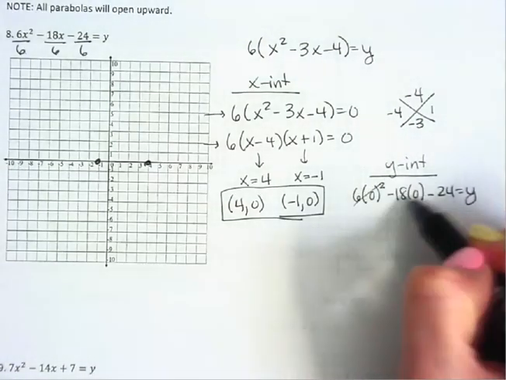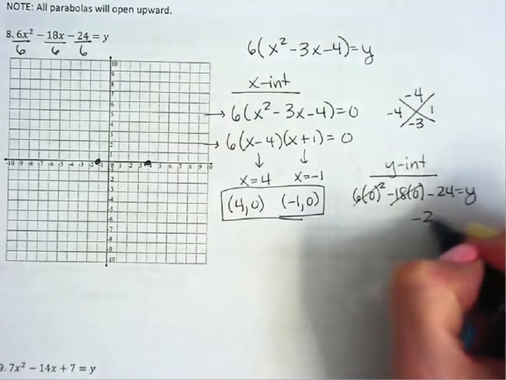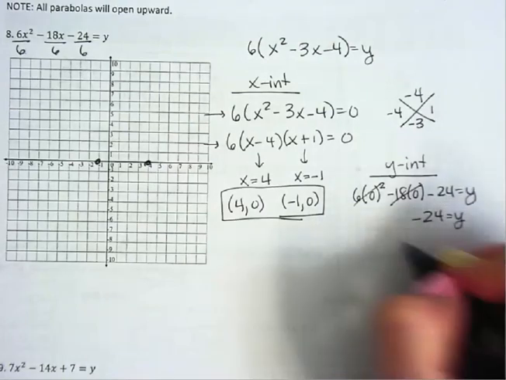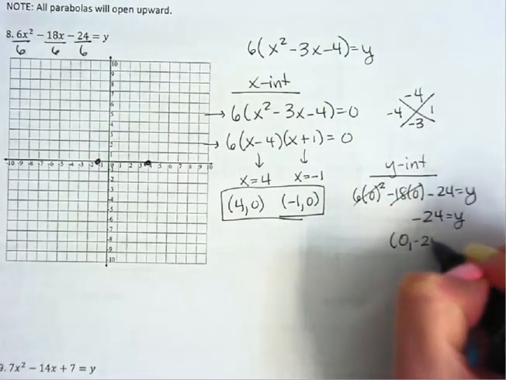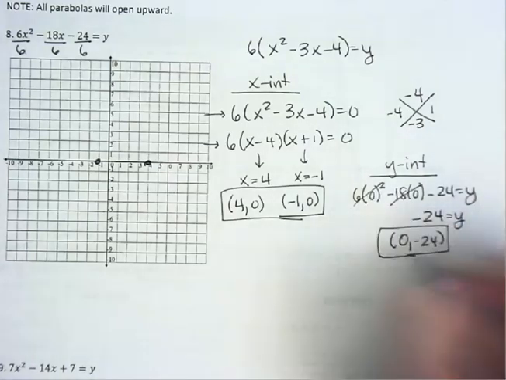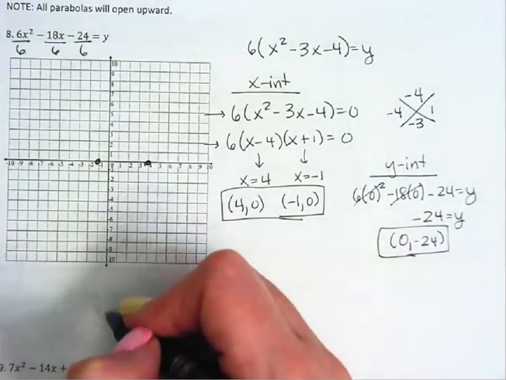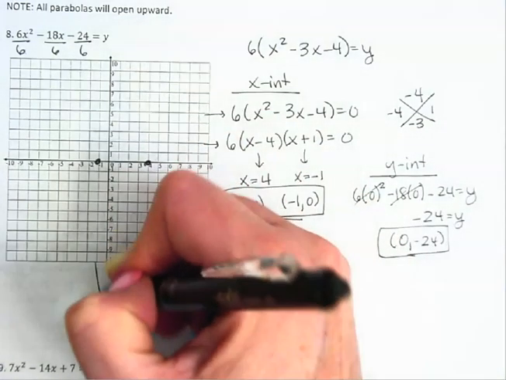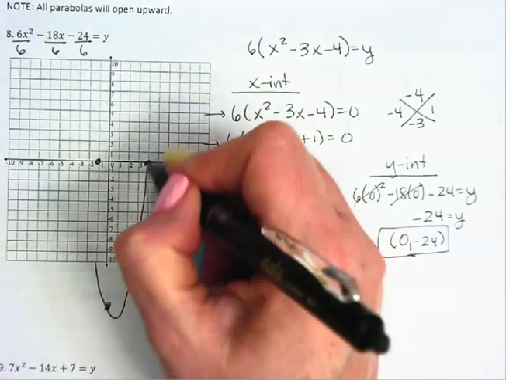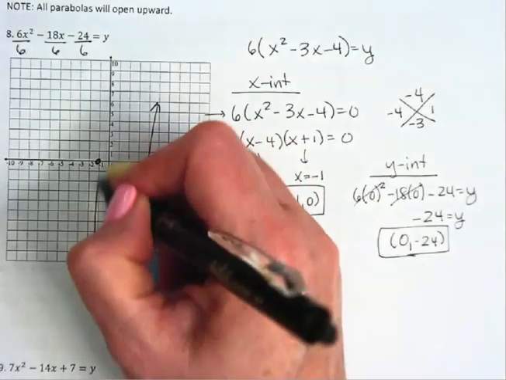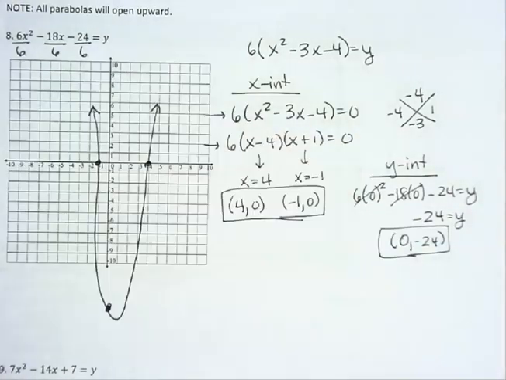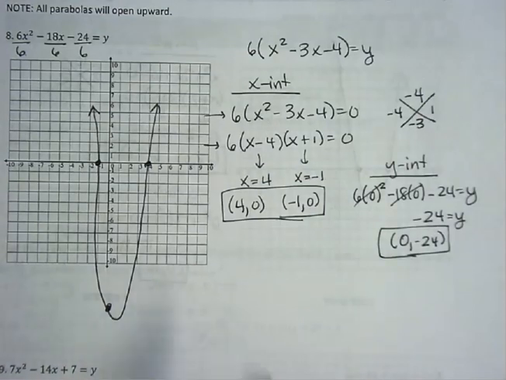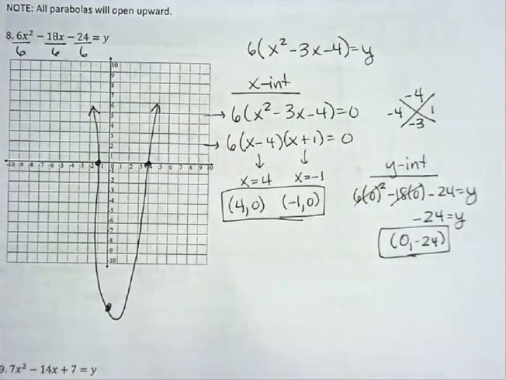So here these all cancel because we're multiplying by 0, and that leaves me -24 for y. So x is 0, y is -24. That's somewhere down here. And then we just draw in our parabola. And we're done. I'm going to have you finish that last problem 9 on your own and check with the answers in your Google Classroom.